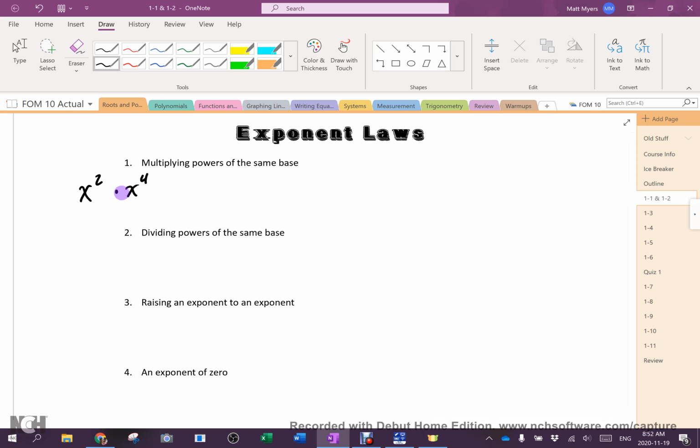Now, every one of you is going to say, what's the answer? All of you should know this. X to the power of 6, right, Muskan? Why? Yeah, that's where you have to stop. Is it because you add the exponents, or is adding the exponents what you do in this case?